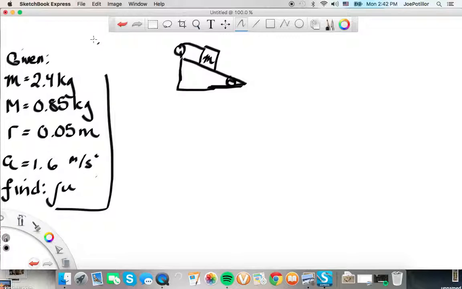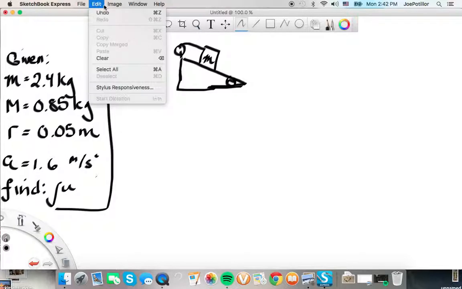Okay, let's start by clearing this. Their picture looks something like this with the angle theta. There's your pulley, there's your mass m. So first the free body diagram, and we'll use different colors for forces.